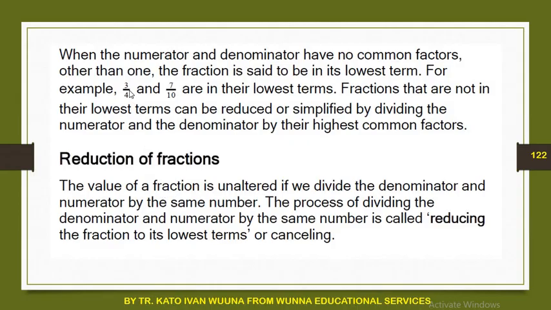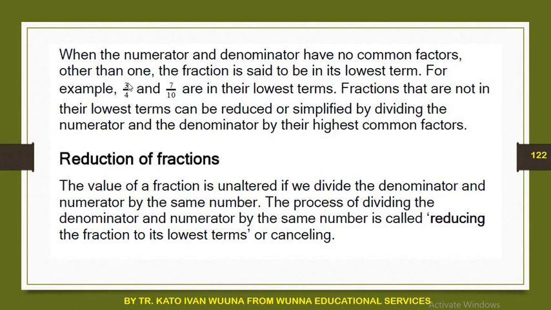By dividing 6 by 2 and 8 by 2. So if you look at our final fraction, which was 3/4, those two, the numerator and denominator, have no common factor.